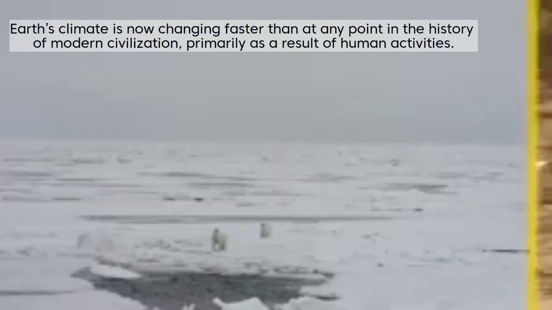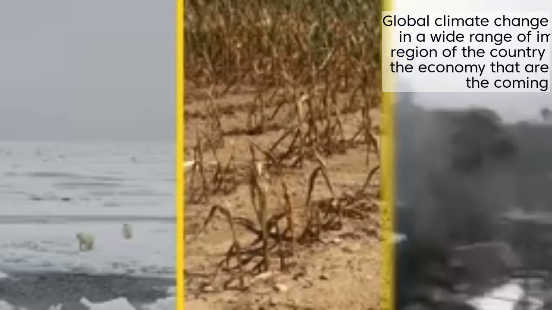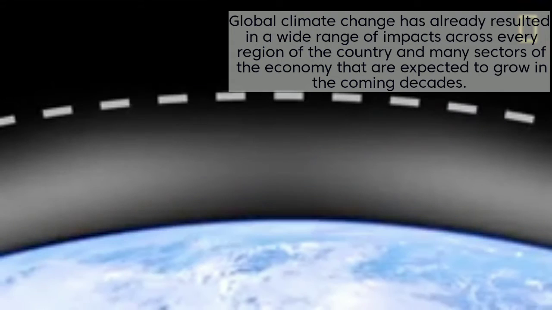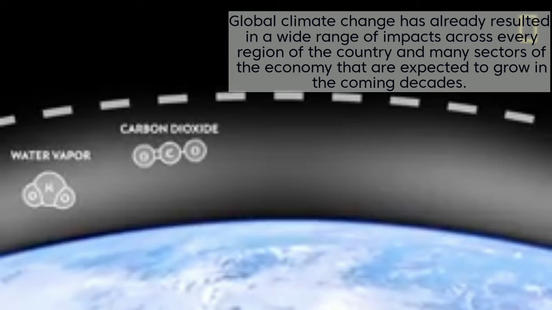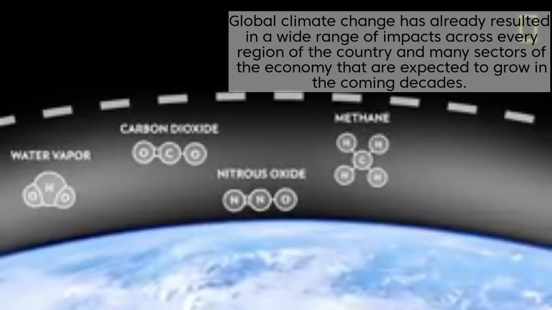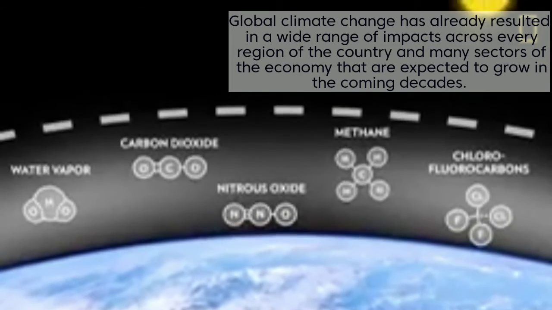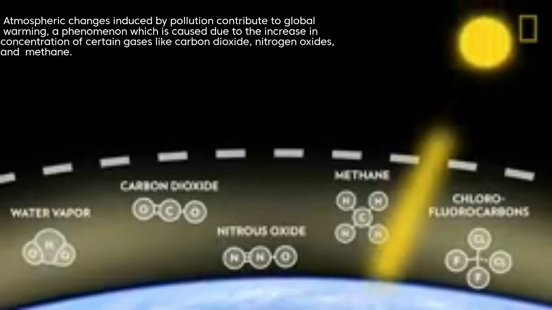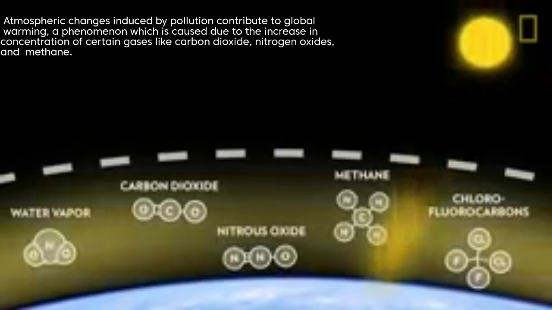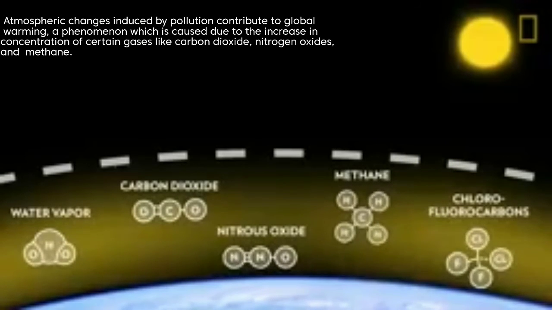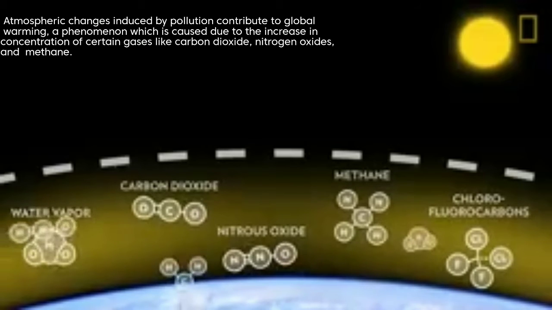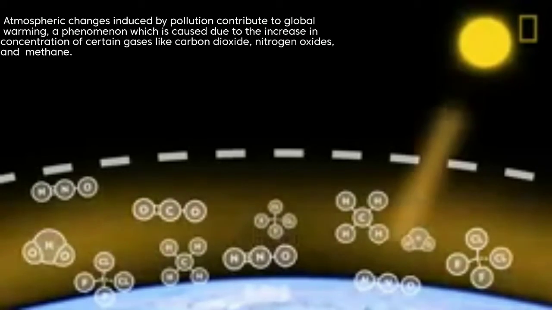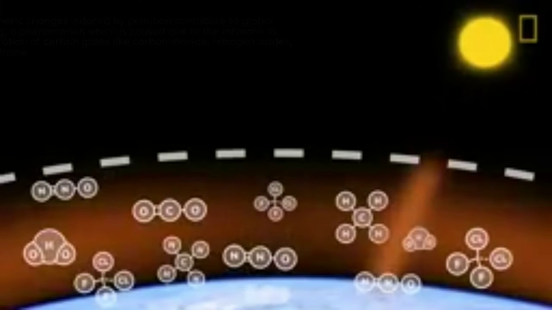Primarily as a result of human activities, global climate change has already resulted in a wide range of impacts across every region of the country and many sectors of the economy that are expected to grow in the coming decades. Atmospheric changes induced by pollution contribute to global warming, a phenomenon which is caused due to the increase in concentration of certain gases like carbon dioxide, nitrogen oxide, and methane.